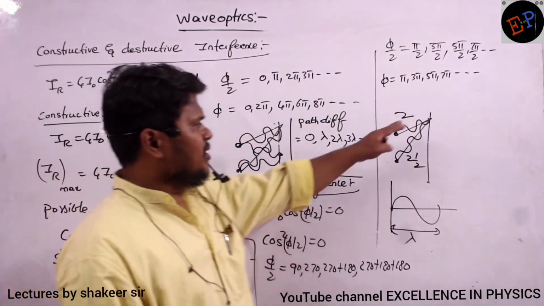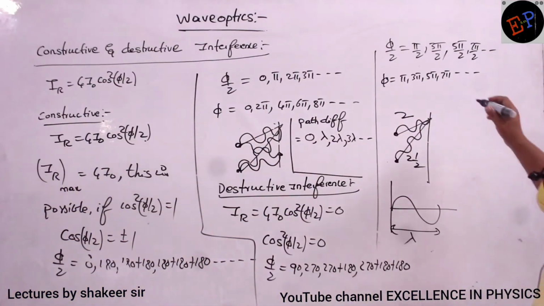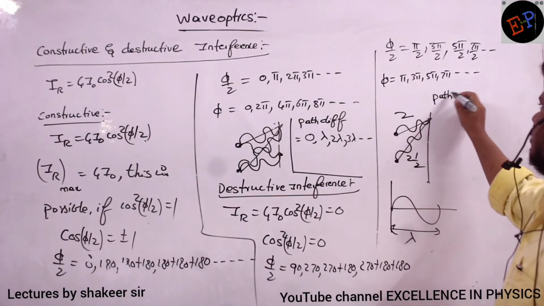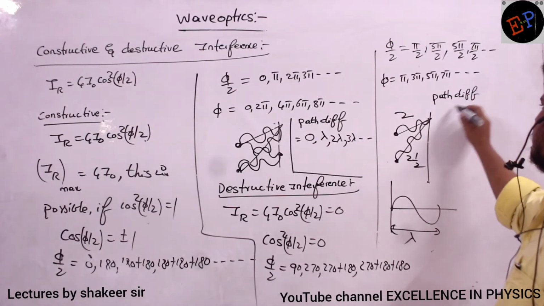Understood? Now here, in destructive interference, say the path differences. Path difference, lambda by 2.